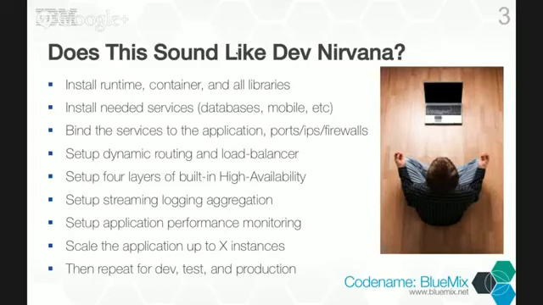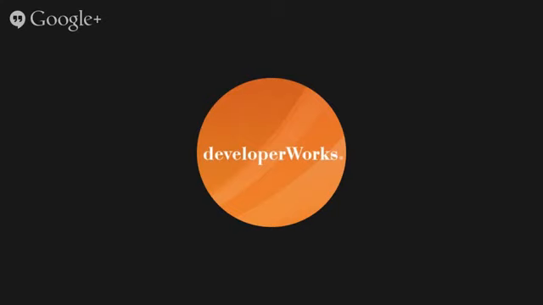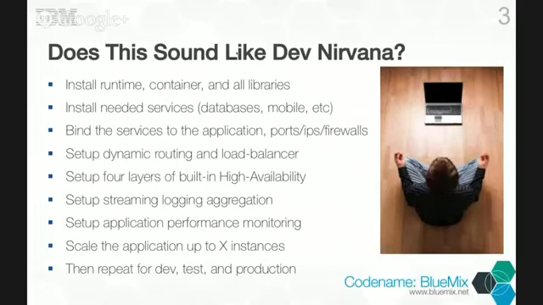Being able to monitor performance is also important, so you want to see if your application's using up all the CPU or consuming a ton of memory when it shouldn't be. And obviously you want to be able to scale your application up and down. We're talking about the cloud here, so one of the main benefits of the cloud is the elasticity as well. And then repeat all this stuff for development, test, and production.